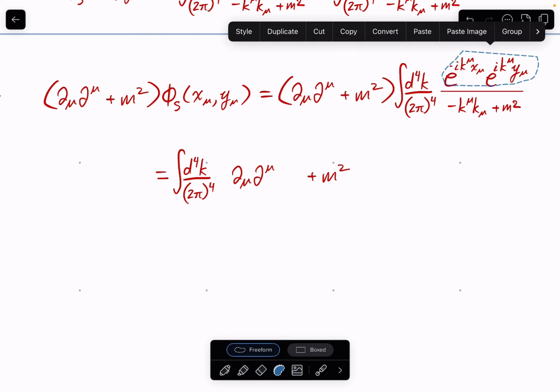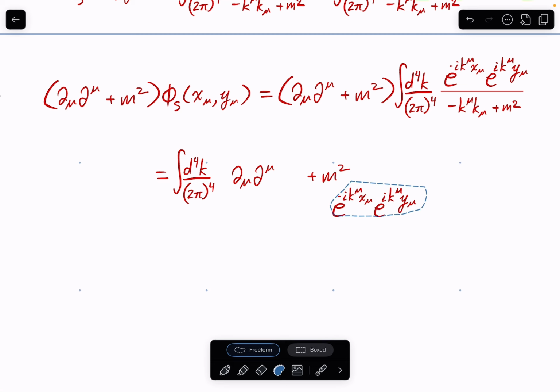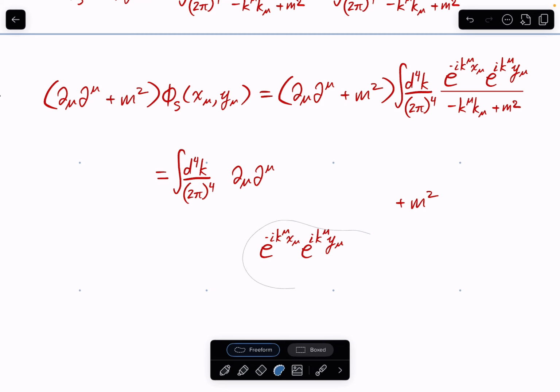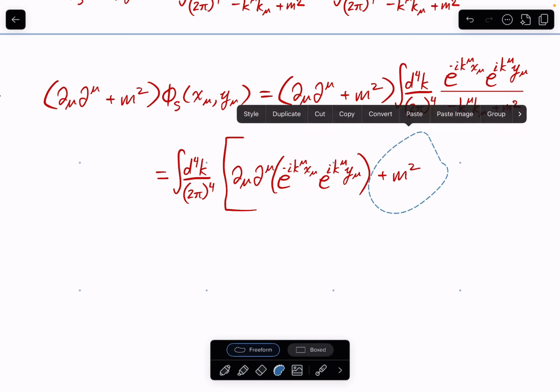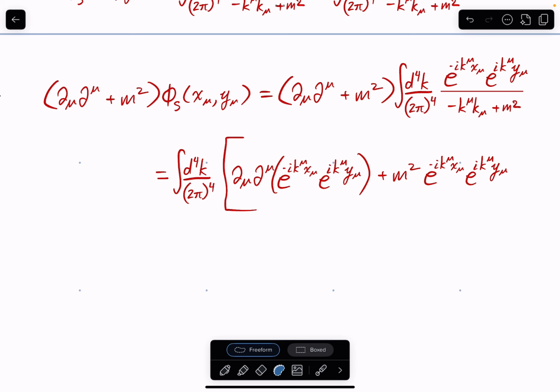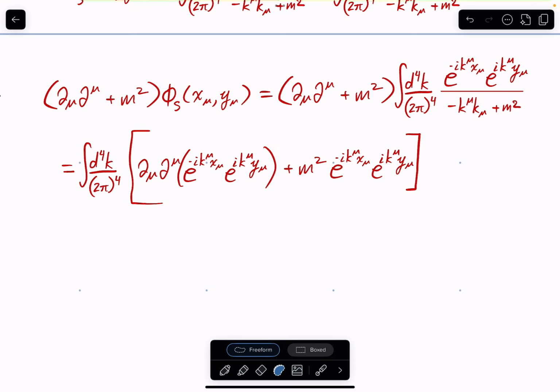Then I'm going to take this right here and plus m squared times this quantity. And then there will be this factor right here of 1 over.